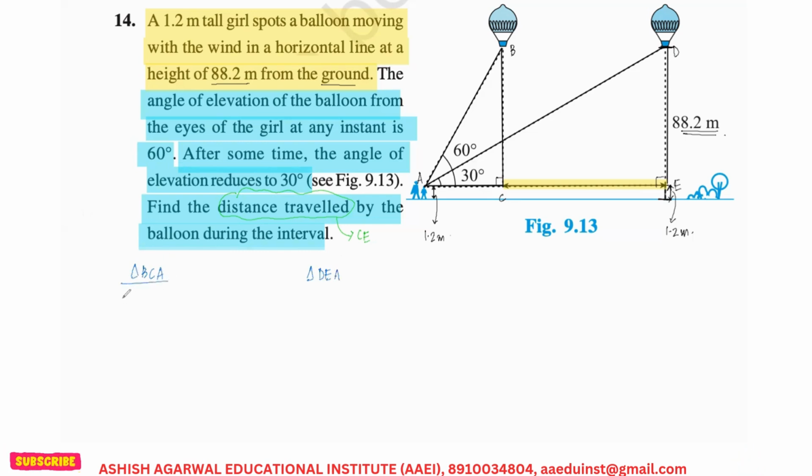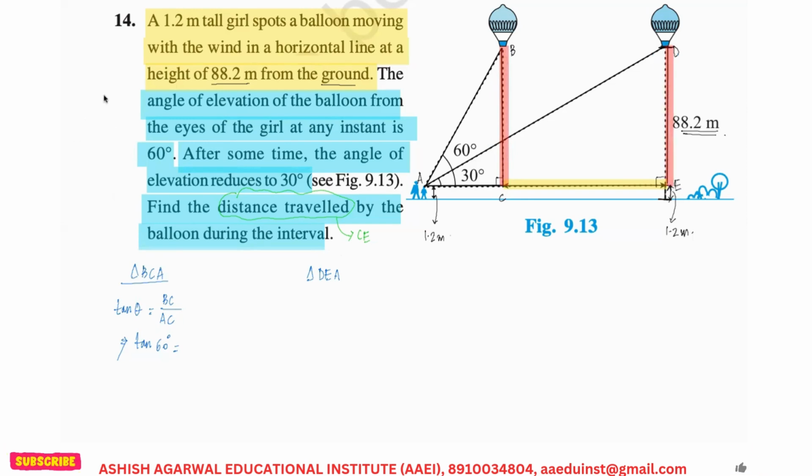In the first triangle BCA, if we apply tan of theta, we can see the perpendicular is BC upon the base AC. Now the theta value for the big triangle, as in the first triangle BCA, is 60 degree. So it is tan 60 degree. BC value we need to understand. As I said earlier, BC is equivalent to DE.